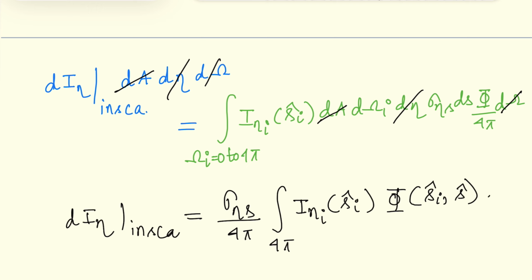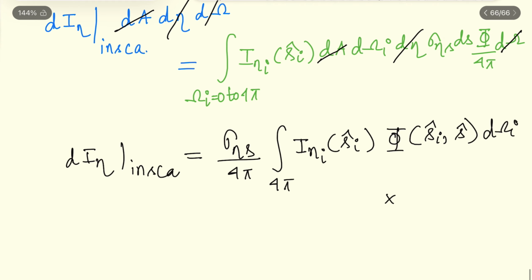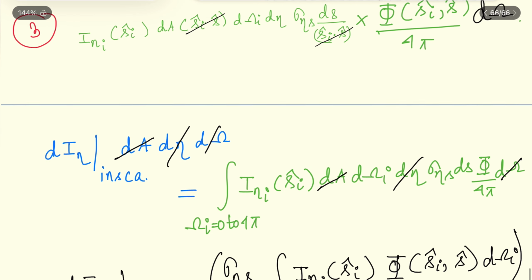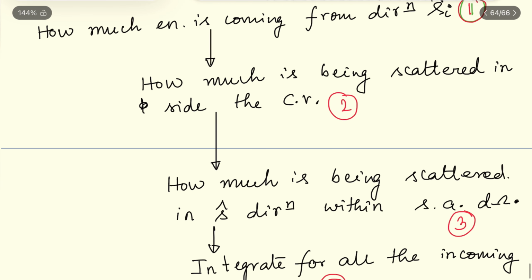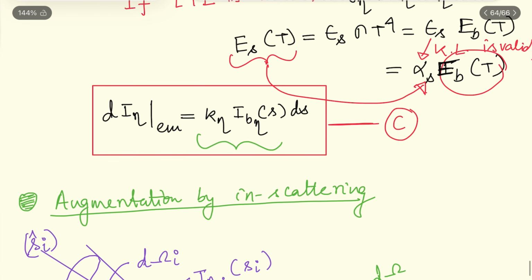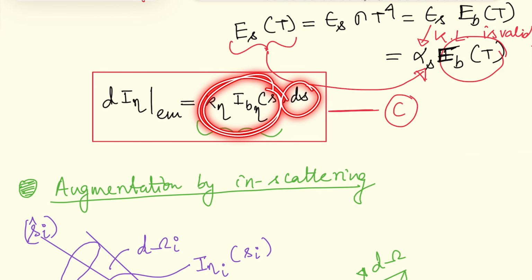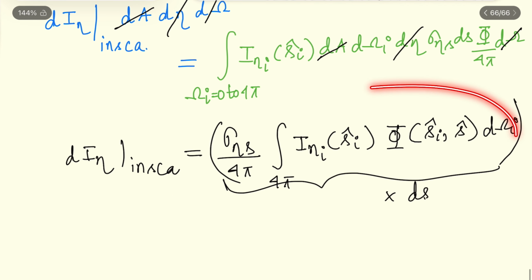So this will be actually d omega I, this whole into ds. So this here is right, these parts. Okay, this here is right. So here I have something into ds, right? See, here also I have something into ds. So those parts are almost similar.